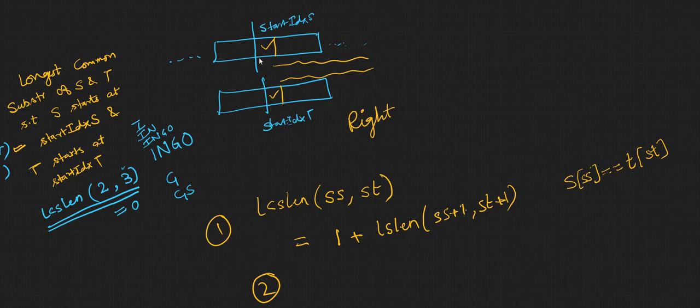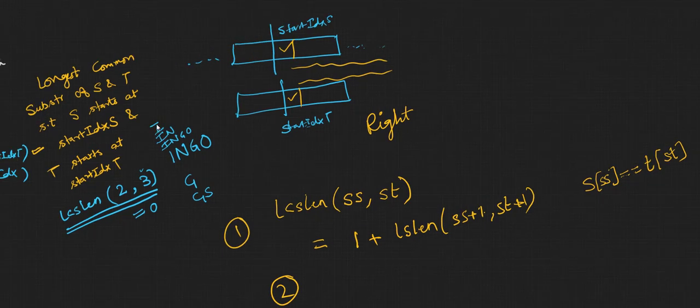That means you cannot skip these characters. If their first characters are not matching, for example, here it was starting from I, and I cannot match with G, what will be their common substring? 0. So this will be 0 if S of SS is not equal to T of ST.